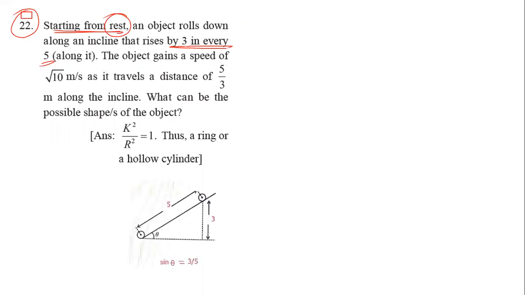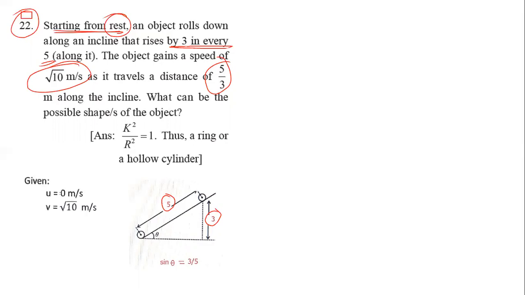So this is 3 and this is 5. The object gains a speed of root 10 meter per second as it travels a distance 5 by 3 meter along the incline. What can be the possible shape of the object? Now we have to decide which object this is.